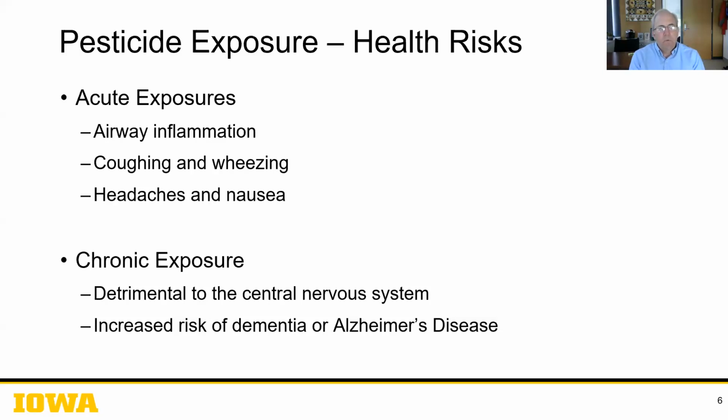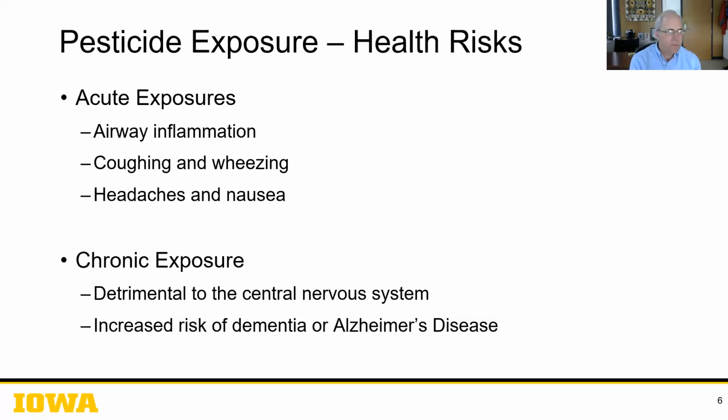But we can assume that acute exposures to, say, especially a high hit, so to speak, of inhalation of an herbicide being sprayed can cause some airway inflammation, resulting in coughing and wheezing, perhaps headaches, nausea. So both lung type conditions as well as central nervous system effects.